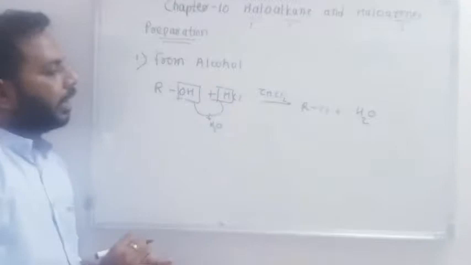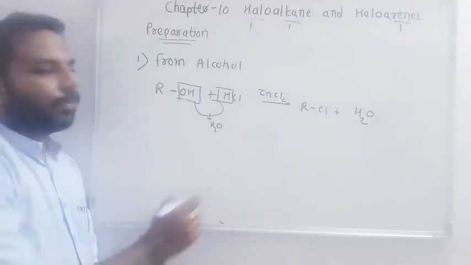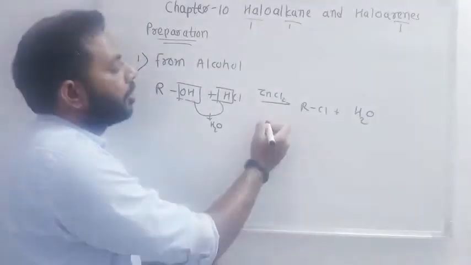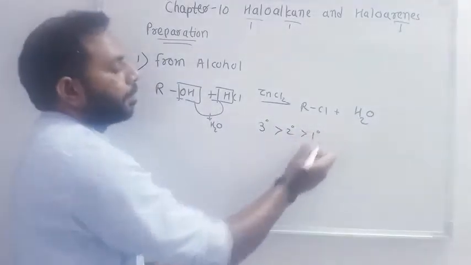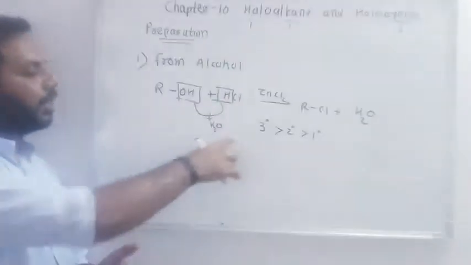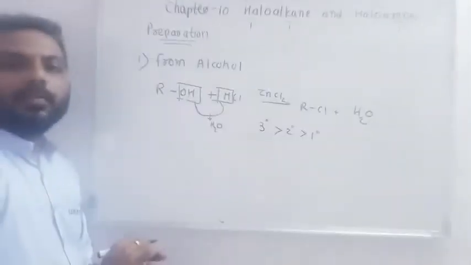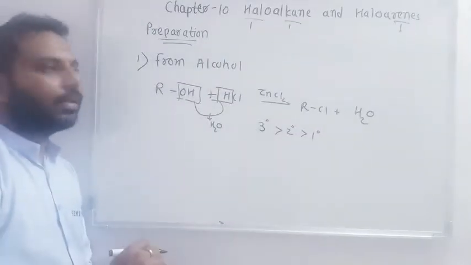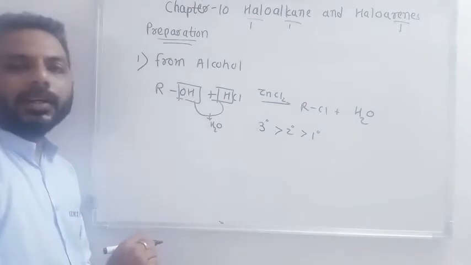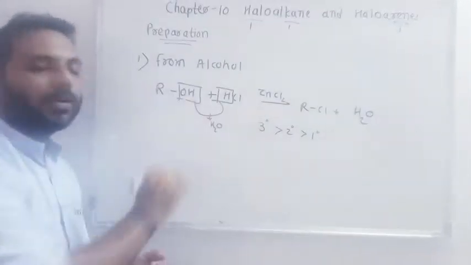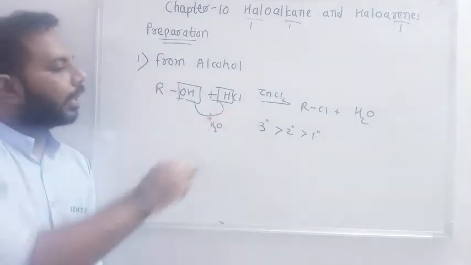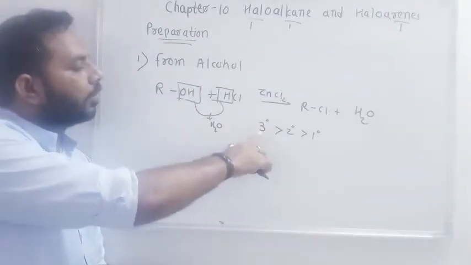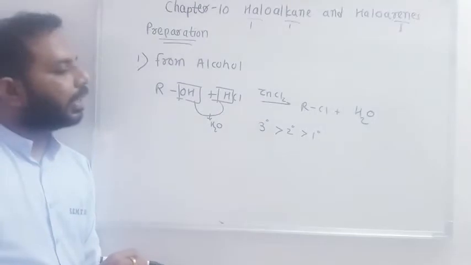This reaction is more possible for tertiary alcohol than secondary than primary. If tertiary alcohol is present, then within 1 minute we can get haloalkane. But if primary alcohol is there, then it will take around 5 minutes. So this reaction is more possible for tertiary than secondary than primary.